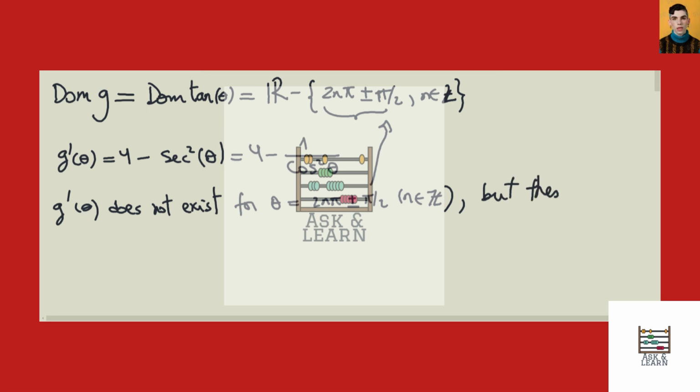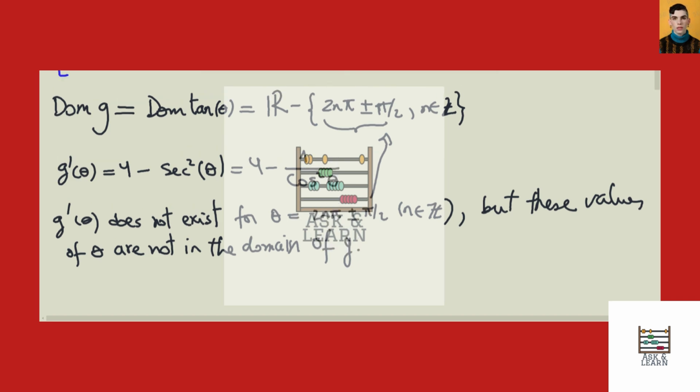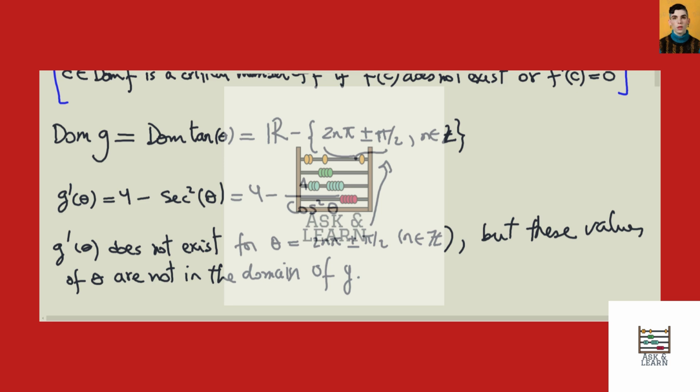These values of theta are not in the domain of g. That is, we cannot include these points of the form 2n pi plus or minus pi half in the list of critical numbers, because all these points are not in the domain of g.